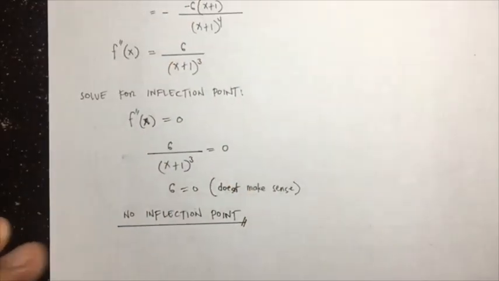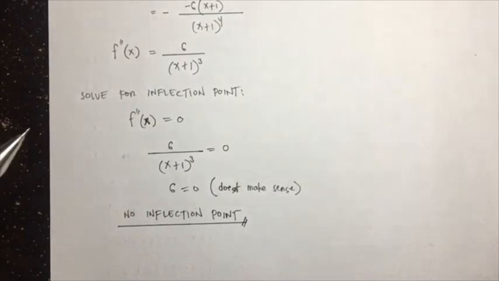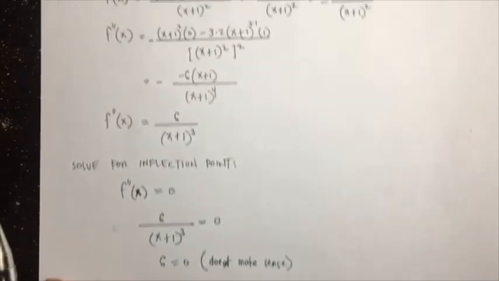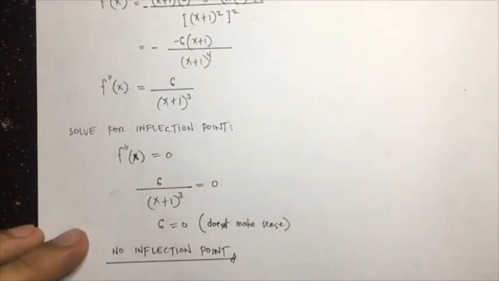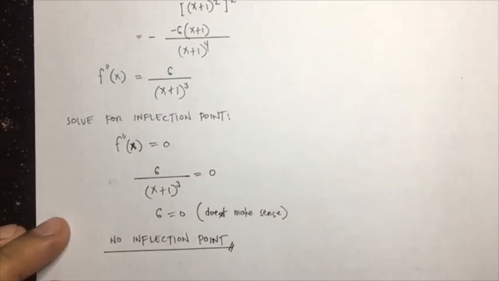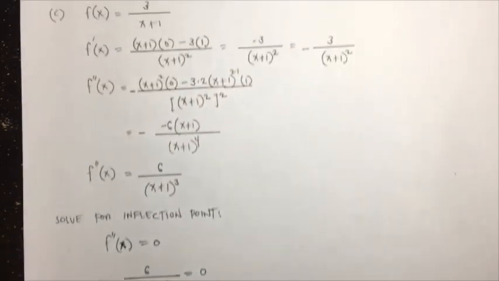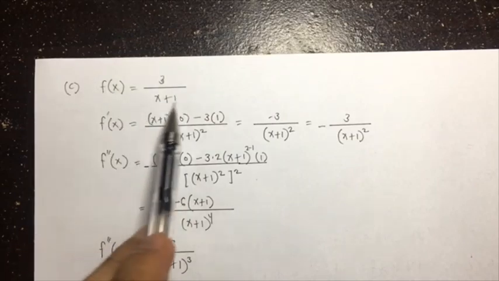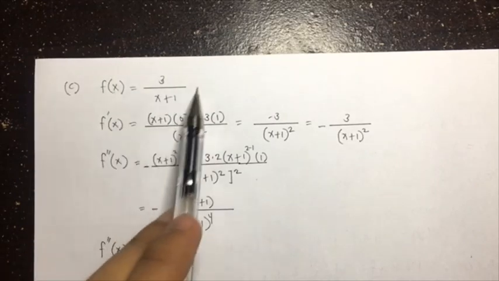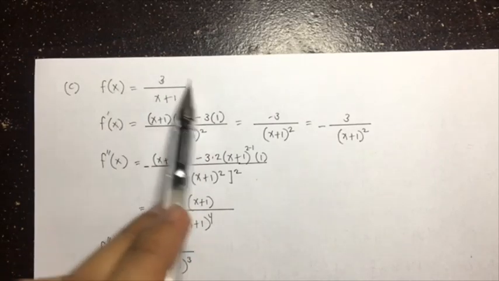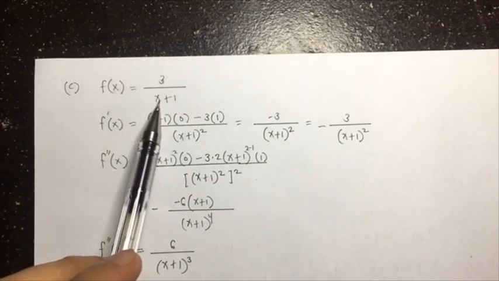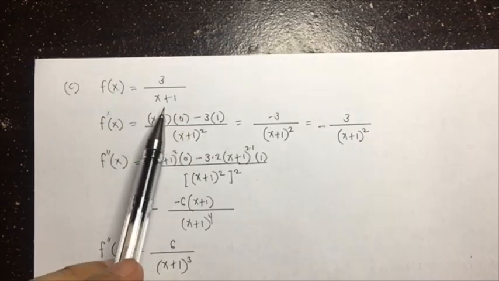Okay, so we have graphs that don't have inflection points. But how would we determine if the function is concave upwards or concave downwards over a given interval? If we recall our original equation, this is actually a function that has a discontinuity, meaning there is a value of x for which the graph does not exist.